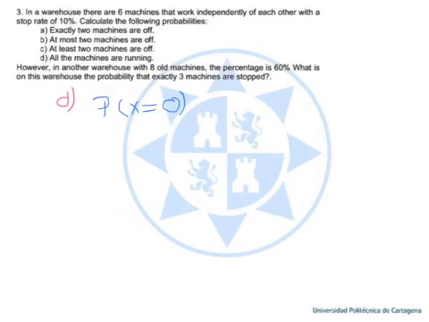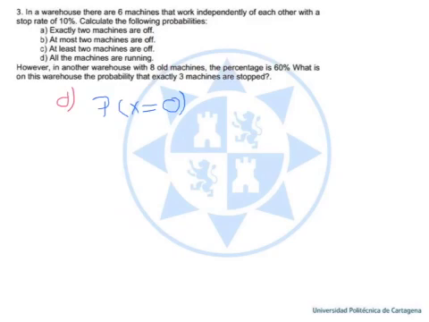Now let's continue with part D. We have to calculate the probability that all the machines are running. That means that there are no machines off, so we are looking for the probability that x is equal to 0.